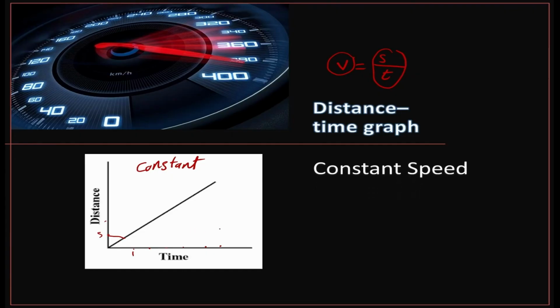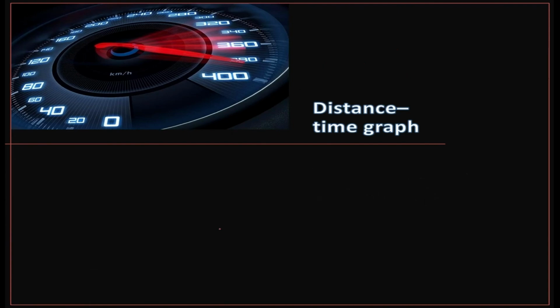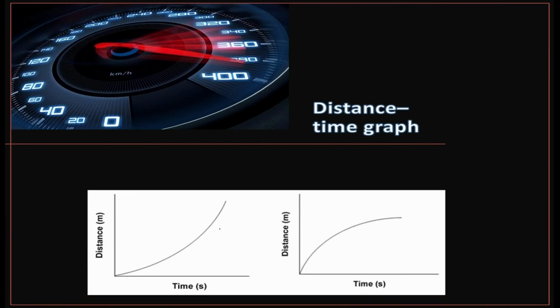Understood? Good. What if the line is no longer a straight line, like here? This means the ratio between distance and time is not always the same. Look at this. It is not a straight line. This means the distance changes by different values when the time changes by equal values.